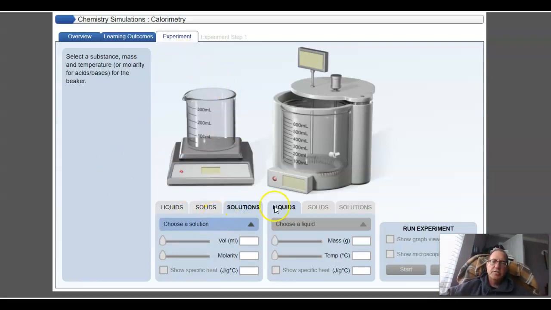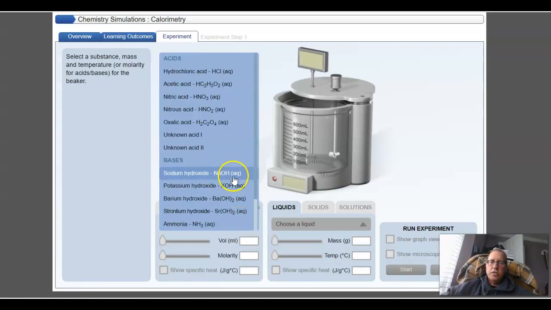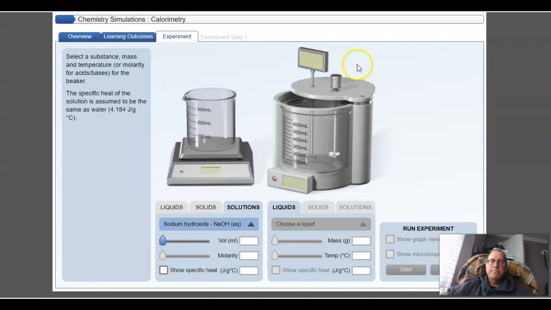Liquid solutions, that's why. All right, so you have to go over here to solutions, and then you will click your sodium hydroxide. We want 50 mils of it, so that's right off the bat. That's as low as it goes. All right, and we want it as 1 molar.